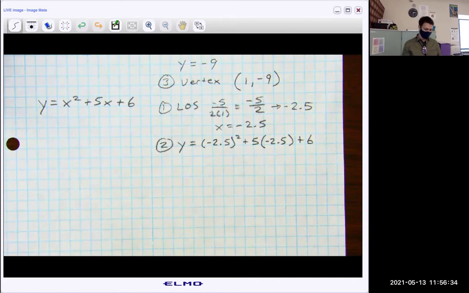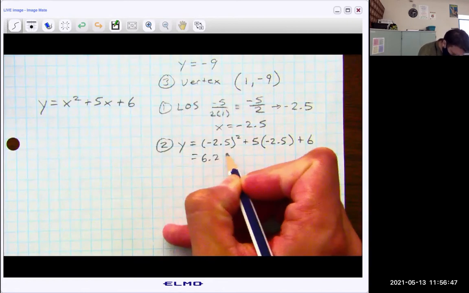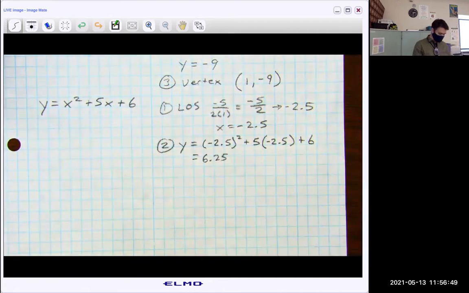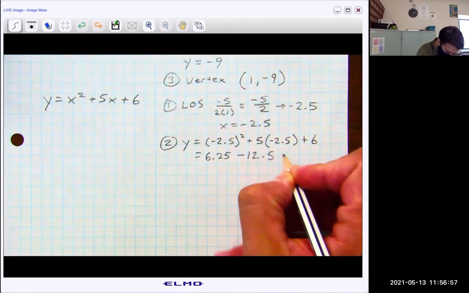So let's see what the calculator says. Negative squared, I know it's going to be a positive number. So I just need to figure out what 2.5 squared is. This is going to be 6.25. A positive times a negative is going to be a negative. So this is going to be -12.5 and the 6 on the end.